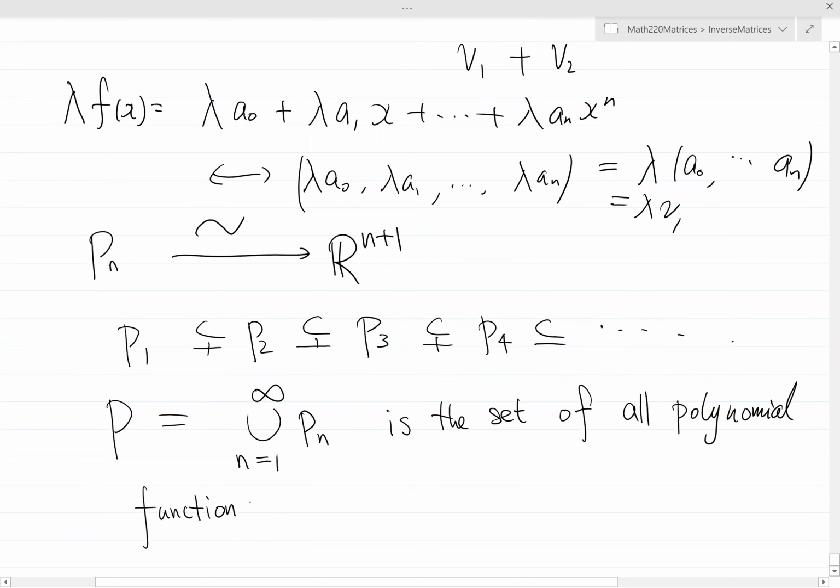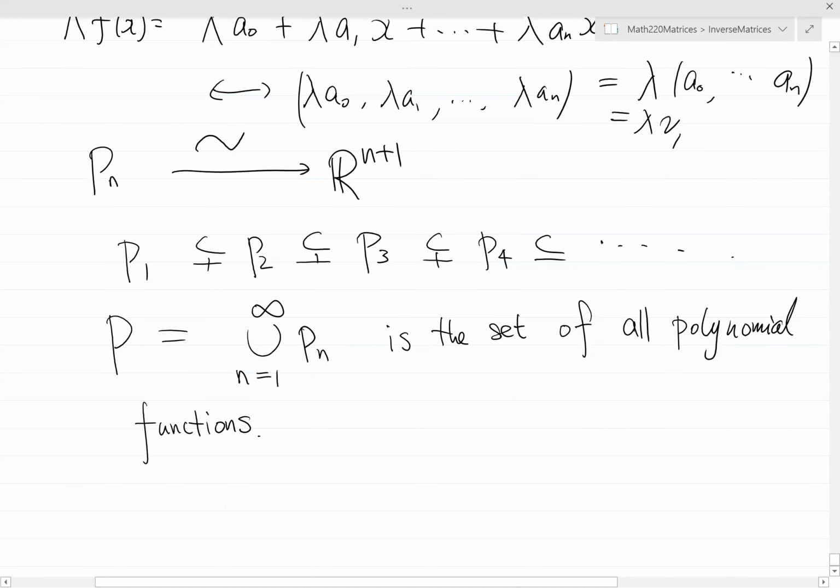Remember, polynomial functions are continuous. So of course, P is a vector space. You can easily check.